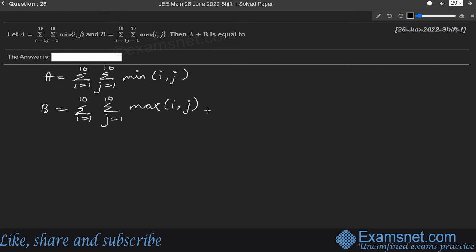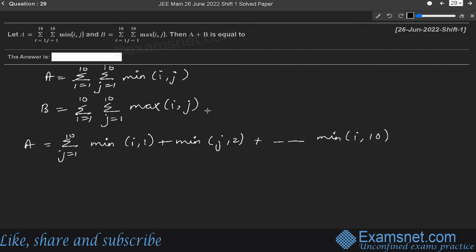So according to this given condition, A will be equal to the summation of j equals 1 to 10 of minimum of i comma 1 plus minimum of i comma 2 plus so on, minimum of i comma 10.